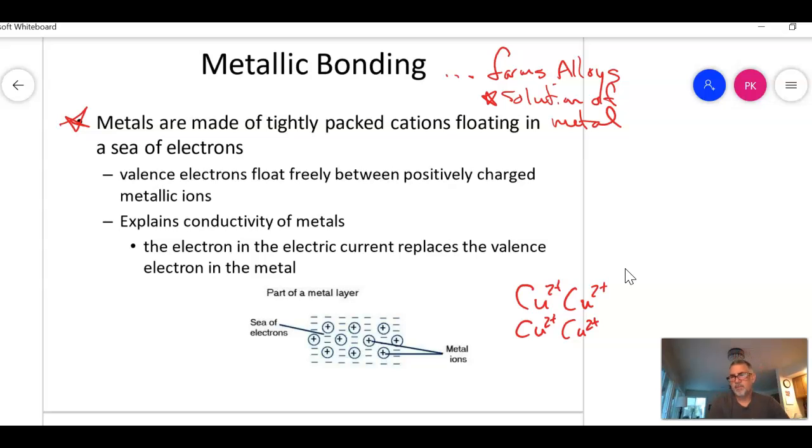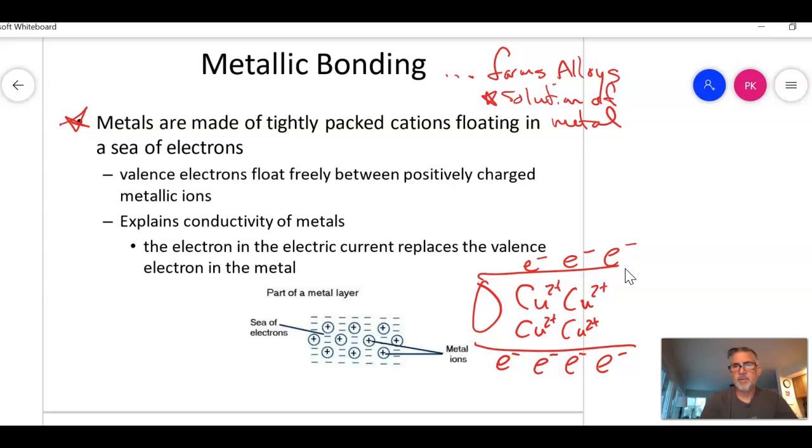Copper is more stable if it doesn't have electrons in its valence shell, if it loses them. So if I have a copper wire, all these electrons it lost are floating in that wire. So they don't want to be attached to the copper, but they really have nowhere to go, so they're all sitting in the wire.